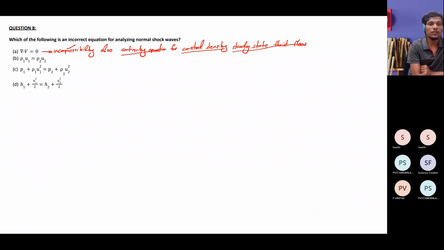So let's see the similar things for all the equations, and then we can say which equation is not applicable for this normal shock wave. In the second equation, it is rho 1 u1 equals rho 2 u2. This is continuity, one dimensional, steady state, constant area.